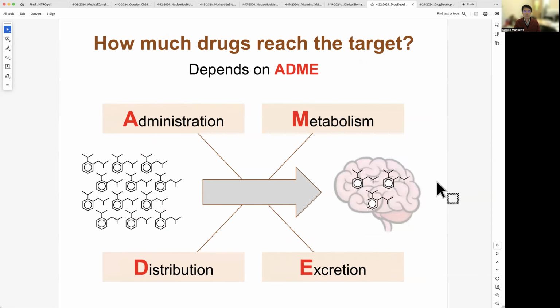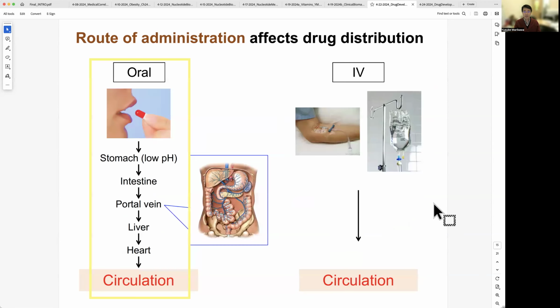Okay, so the ADME stuff, there's a certain thing I want you to know for the exam, which is the route of administration, the oral pathway. This is very, very important because you take oral drugs quite often. So you have to understand what kind of journey this oral drug has to go through to reach the entire body circulation.